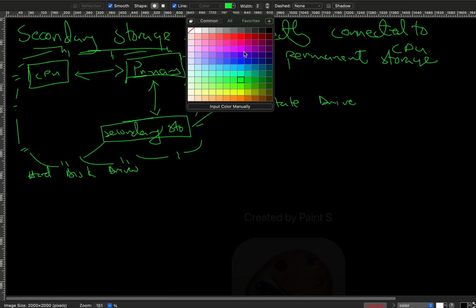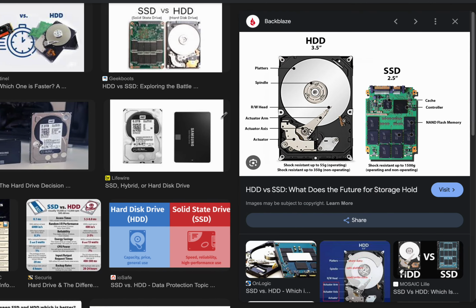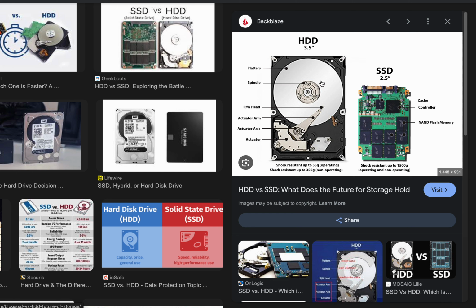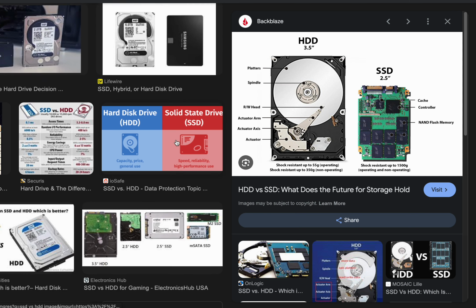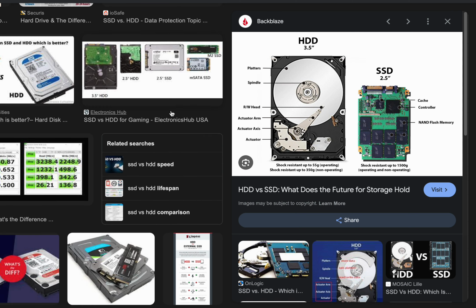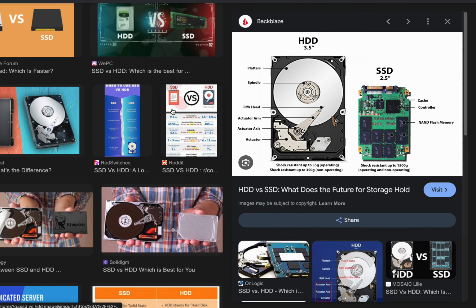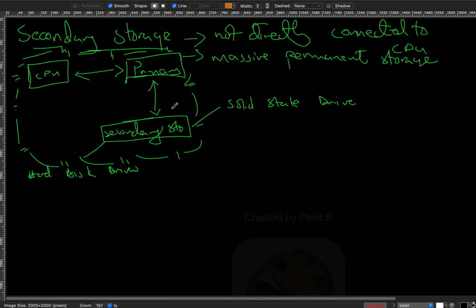So let's move a step further and see how these two look. That's basically how the HDD looks in its interior, and this is how the SSD looks. You can go on the net and see a couple of other differences. In any given scenario, you will see that the SSD is a little bit smaller in physical size compared to the hard drive.